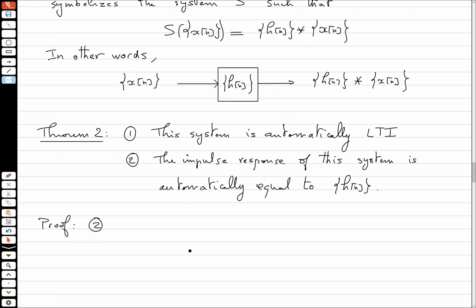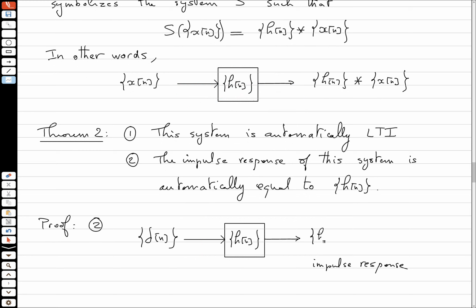So impulse response, that means what? That means you get the impulse response by inputting delta of n into that system. And the impulse response is what you get here, right? Is the output. You said that, right? Output. This is what you get here. Now, by construction, by definition of the system, what do you get here?